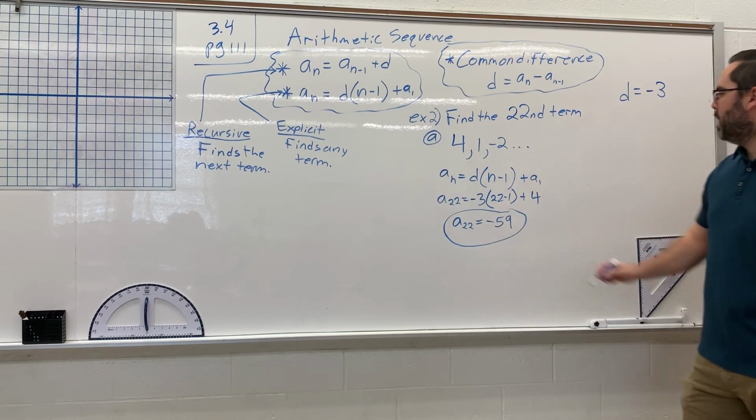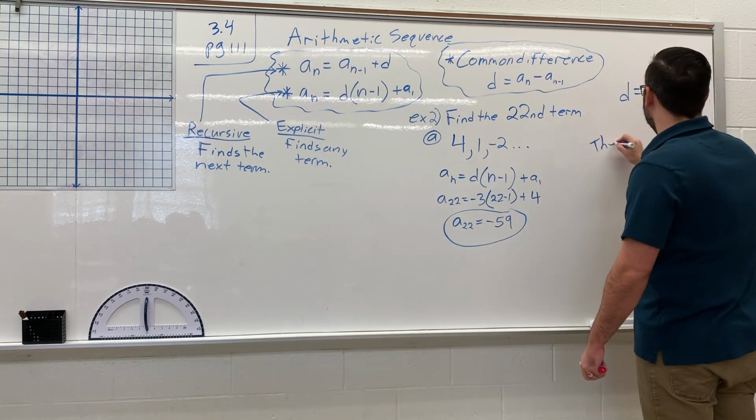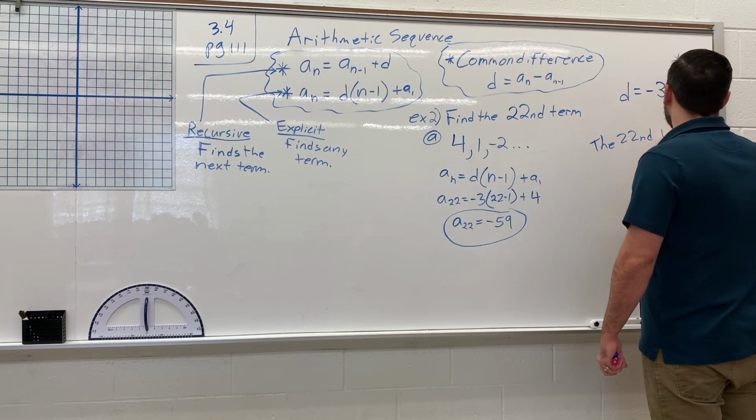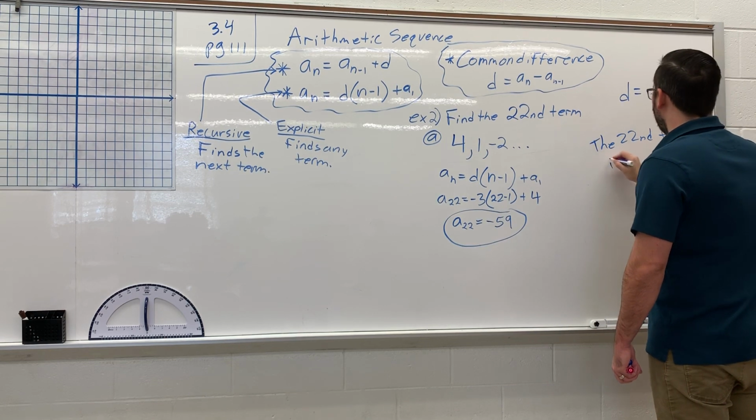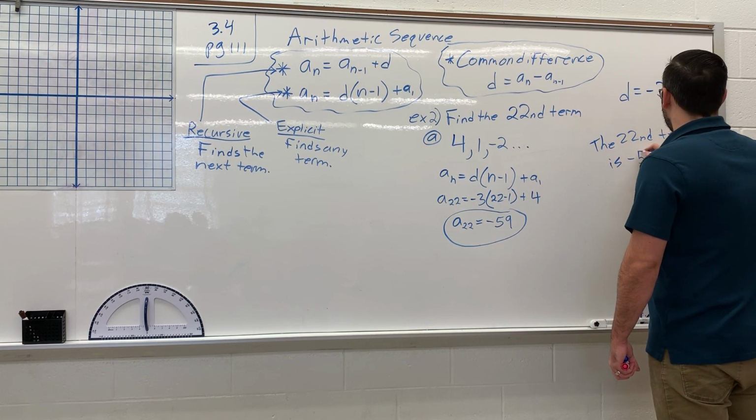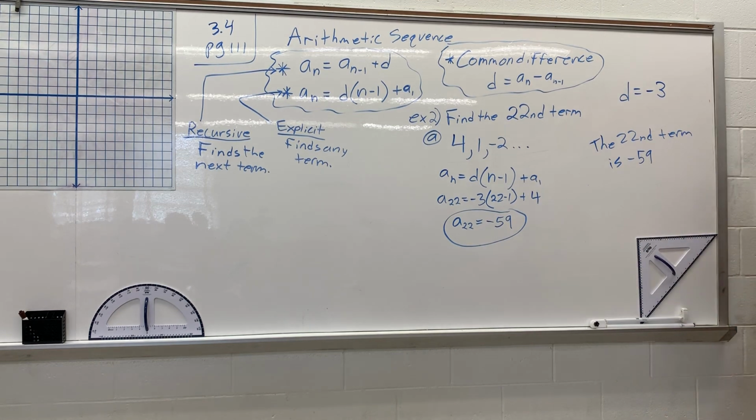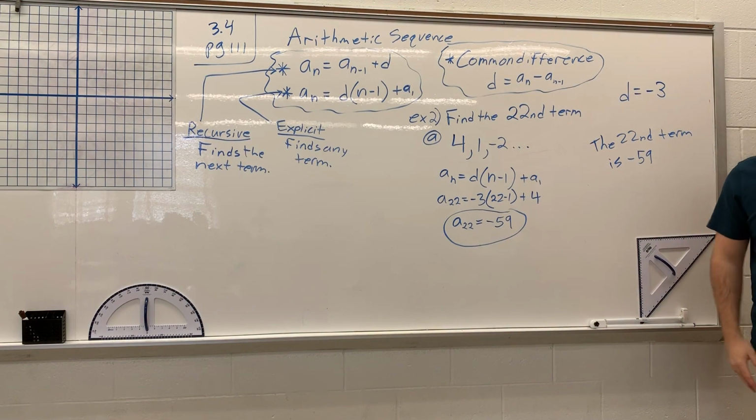What does this mean? This means the 22nd term is negative 59. Now, isn't that easier than going 4, 1, negative 2, negative 5, negative 8, and then you run out of fingers, and then you've got to put tally marks on paper, right?